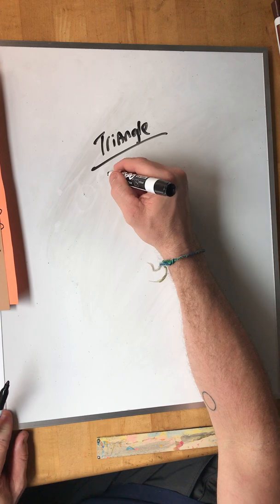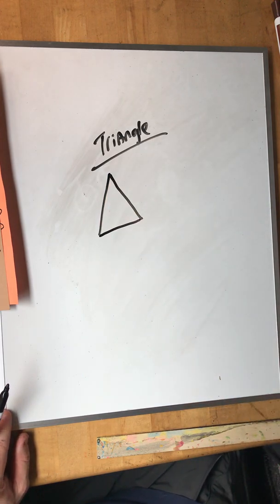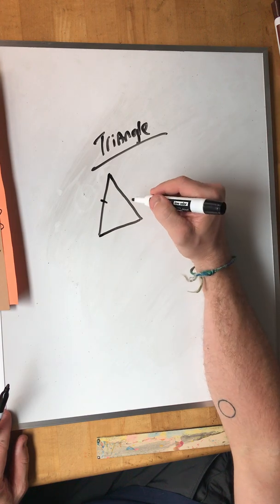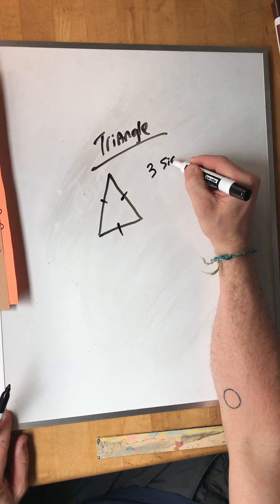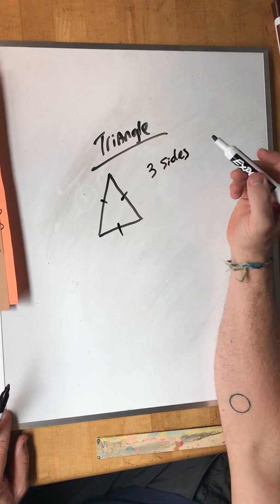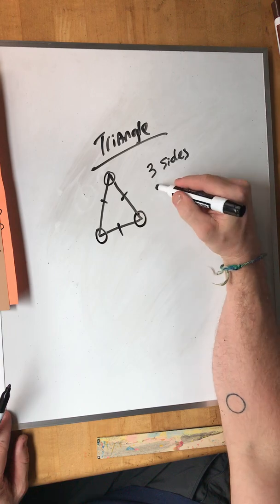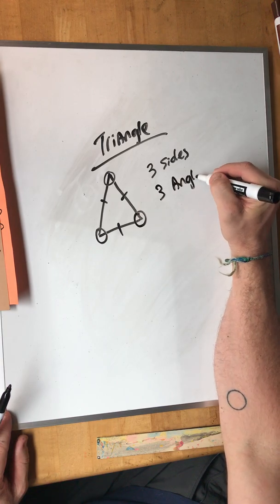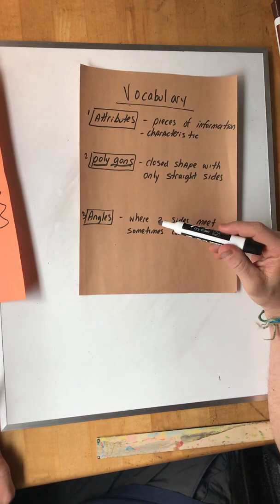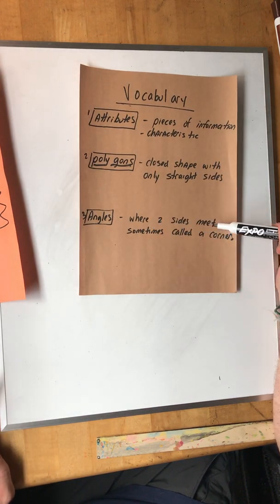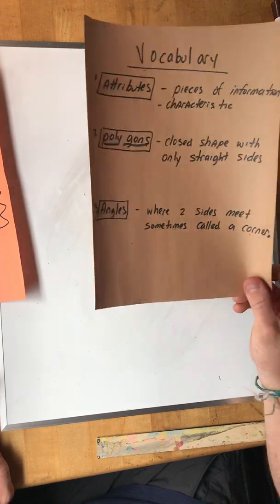Okay, by now, you've probably drawn a triangle. 1 side, 2 sides, 3 sides. It has 3 sides. This is absolutely a review. 1, 2, 3 angles. Now remember, an angle is where 2 sides meet. It's sometimes called a corner.